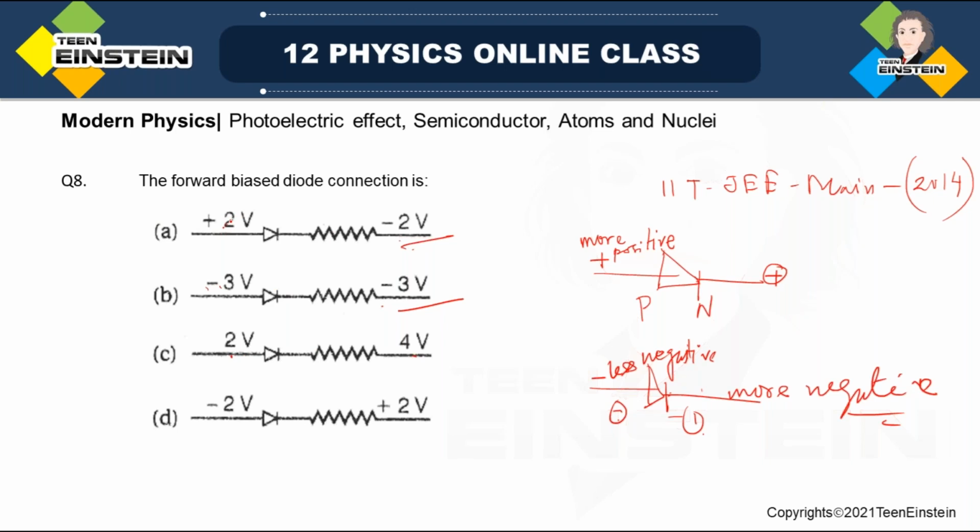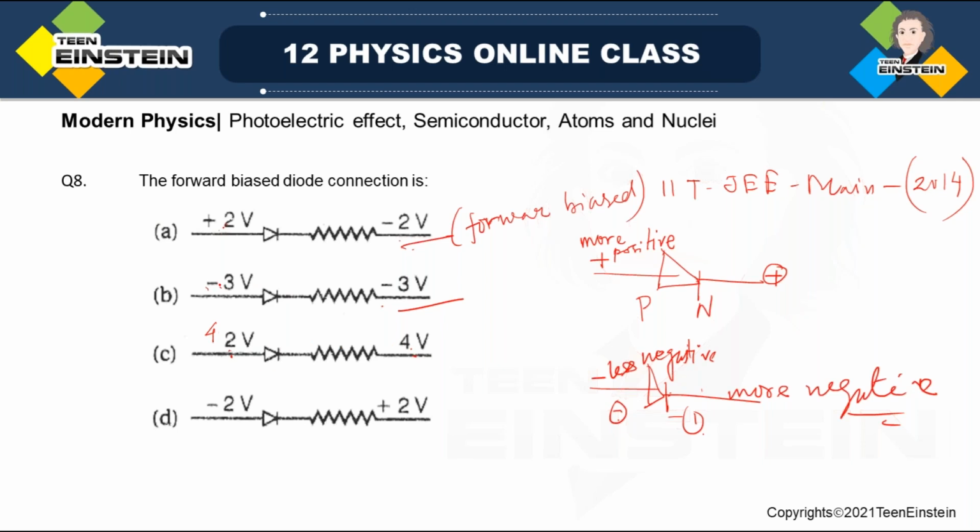This is already positive and this is negative. This is actually forward bias. When you have positive on the P side and negative on the N side, then it's fine. See, here both are positive. If this would have been 4 and this would have been 2, then I would have told you this is forward bias.